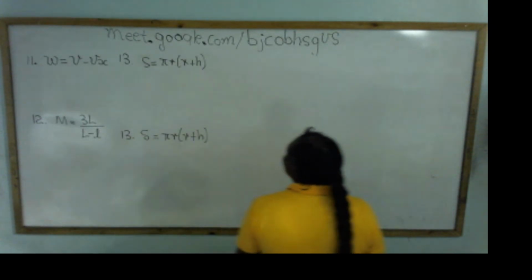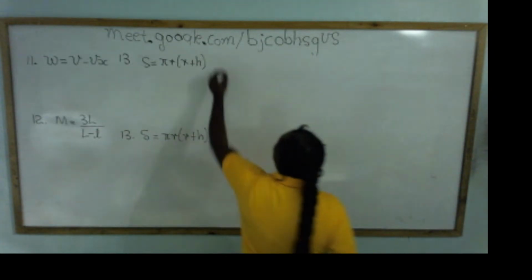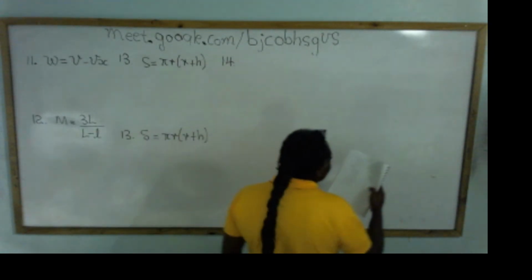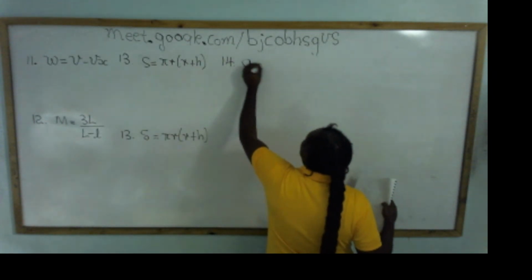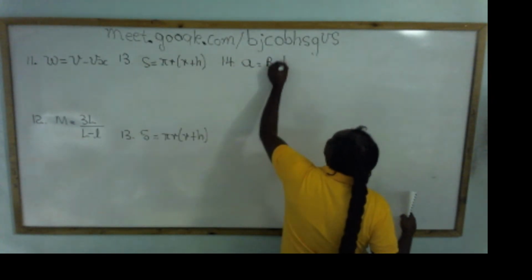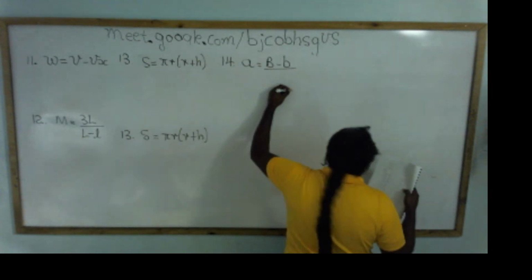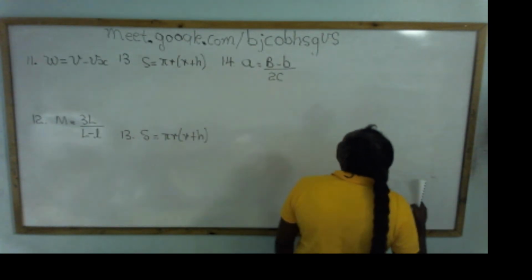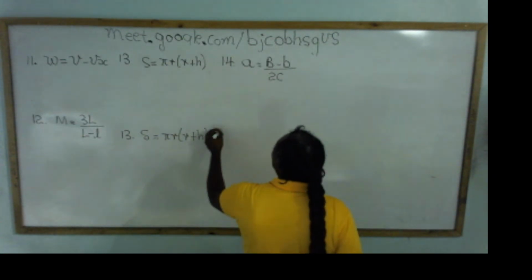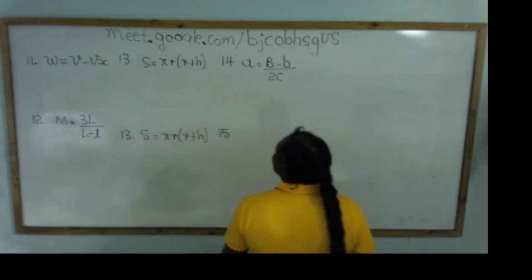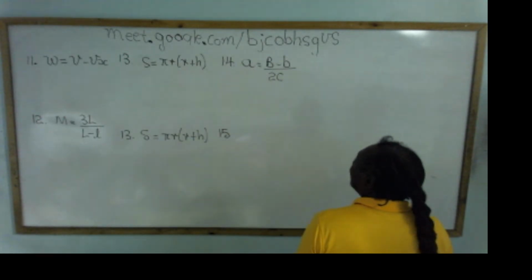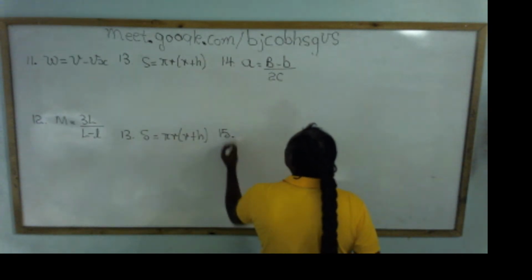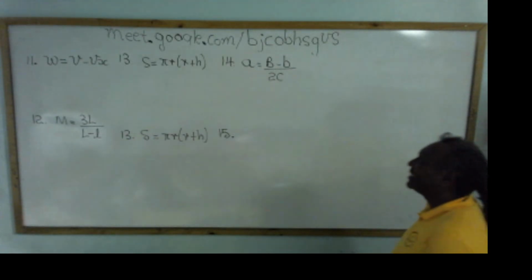Number 14 is just one take, and I'm happy about it. A is equal to B minus common B, or lowercase b, over 2c for capital R uppercase B. And number 15 is your favorite, which is the last one in the set.